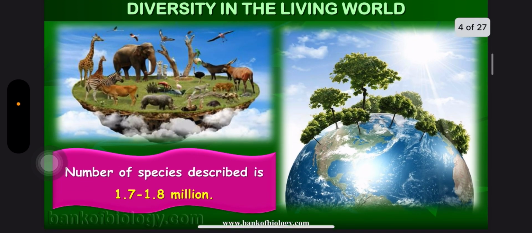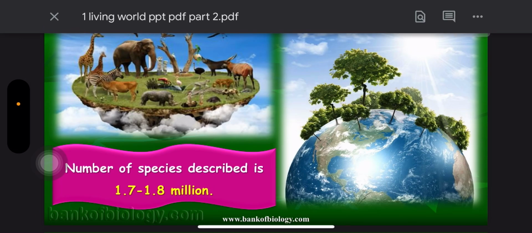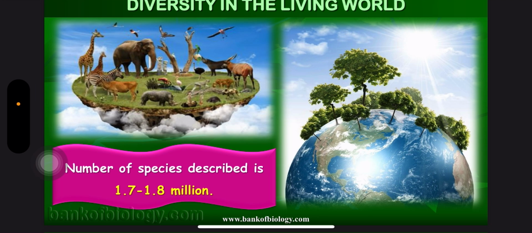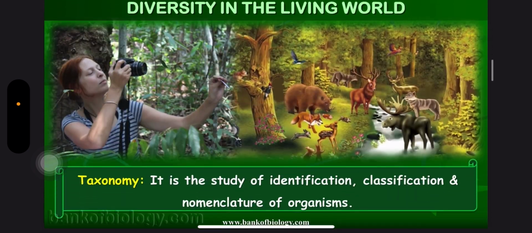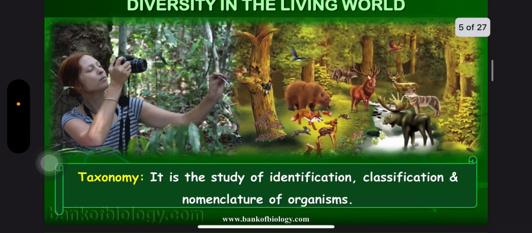So here, the number of species described till now is 1.7 to 1.8 million. But on Earth, according to Robert May, it could be 7 million. With this much vast diversity, how can you find, notice, and identify these organisms?